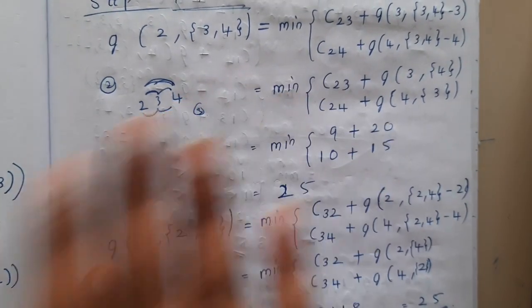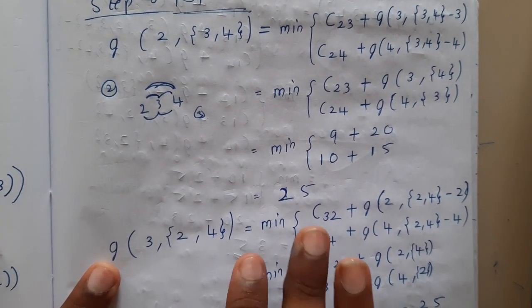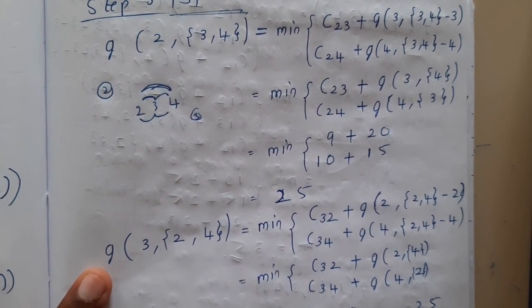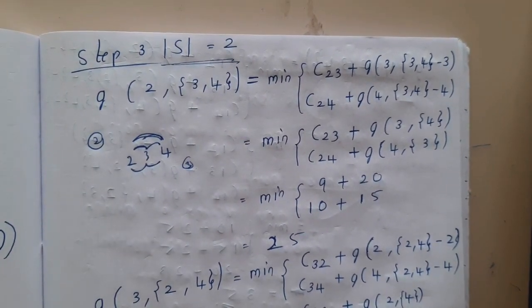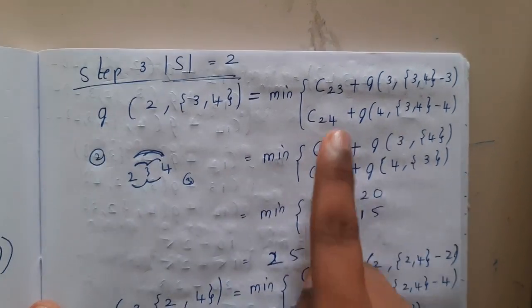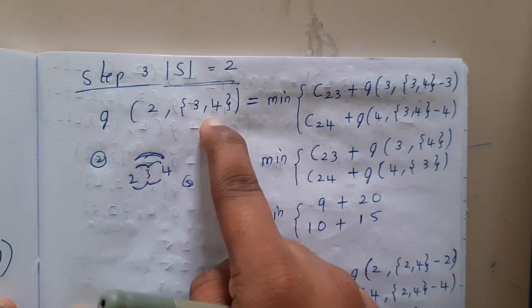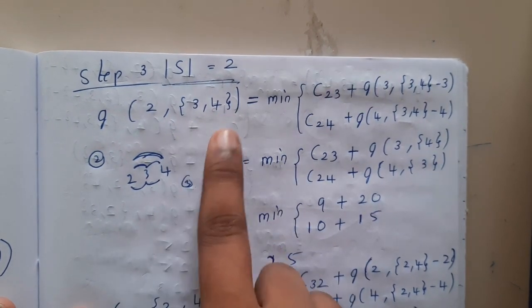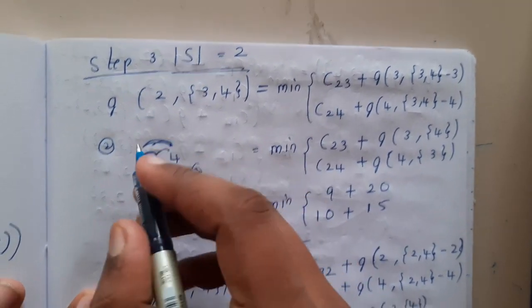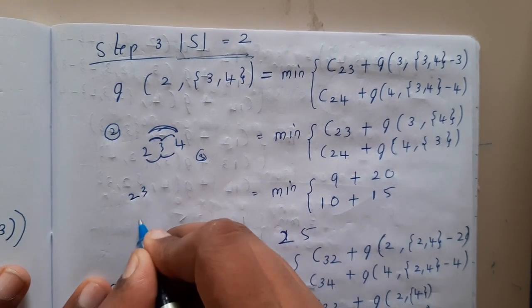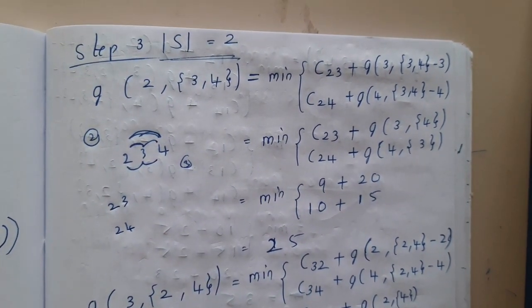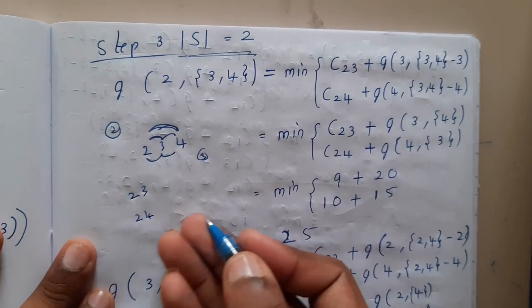So now let us continue. Sorry, it is a directed graph, but the values will not be varying at all, because we are calculating only the minimum value and you will be checking the combinations here itself. So g of 2 comma 3 comma 4. Basically here we are having 2 possibilities, that is 2, 3 and 2, 4. Guys, if you want to practice, you need to practice in this way because this will be easy.